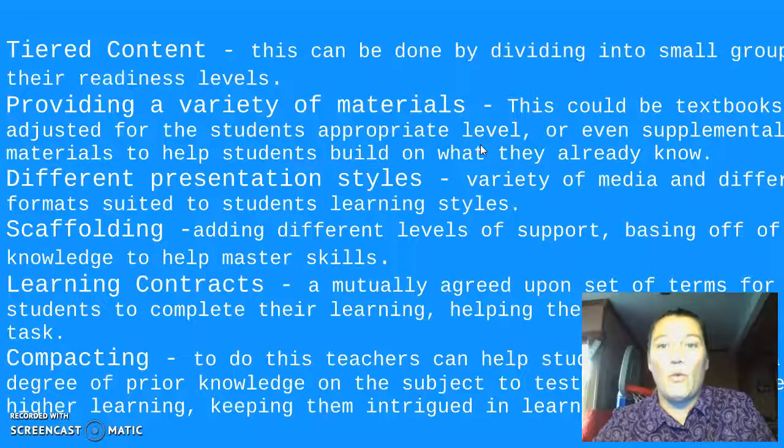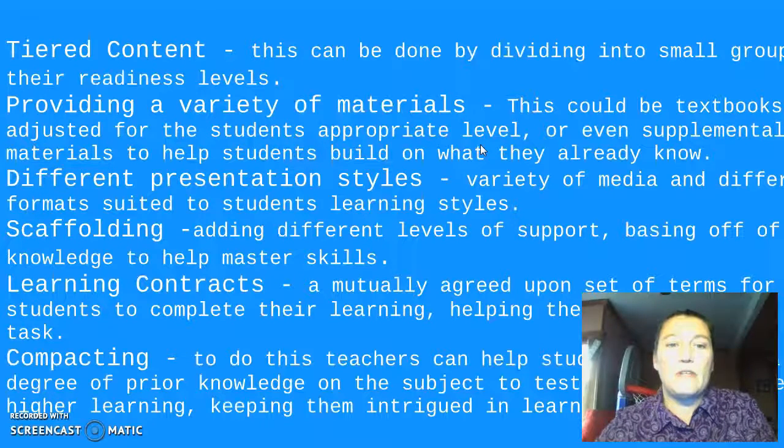That could be more than one textbook, or even supplemental materials to help students build on what they already know. To me, a variety of materials is using, depending on what age, I think of 4th, 5th, 6th graders, like higher vocabulary words, just anything that relates to what they're learning just to a higher degree.